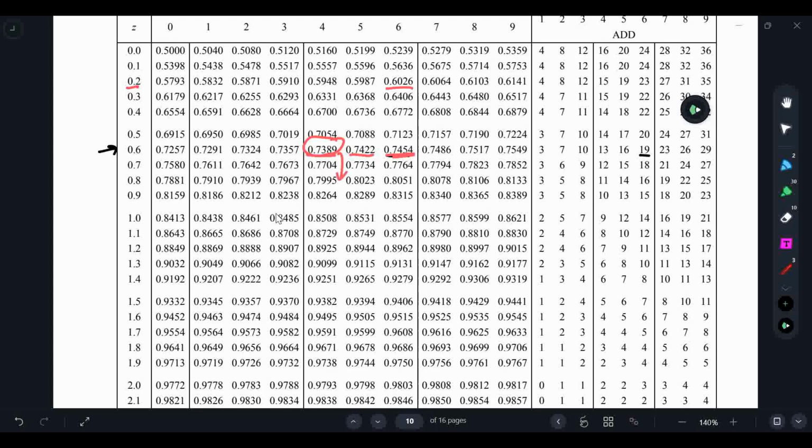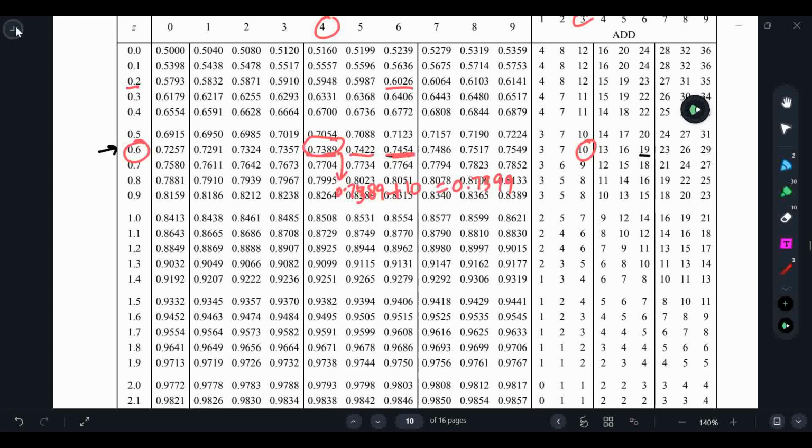So the value of z will be 0.643 because 0.7389 plus 10 will give us 0.7399, which will be equals to 0.74.